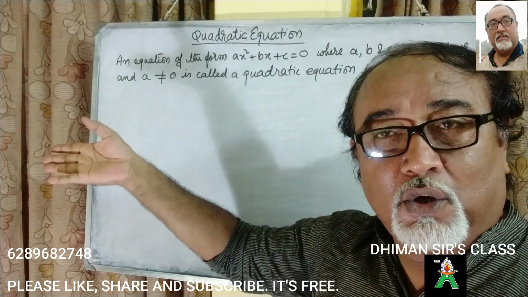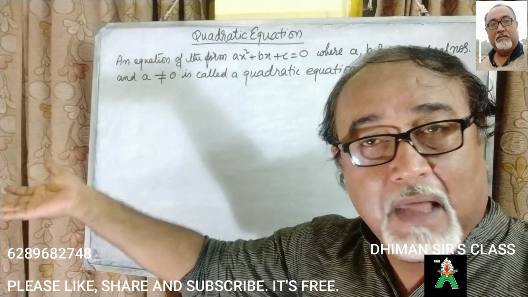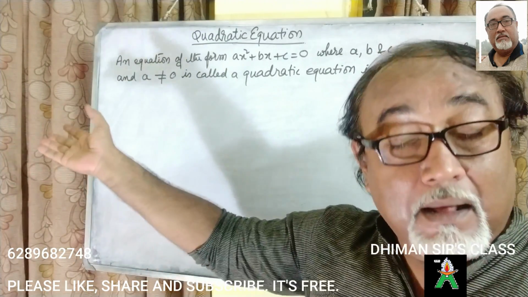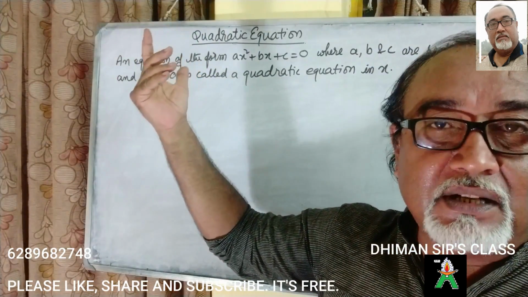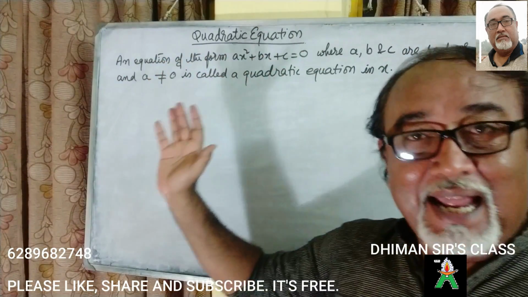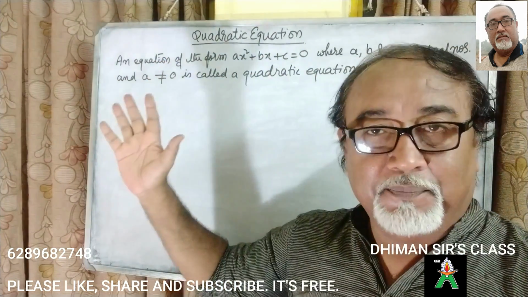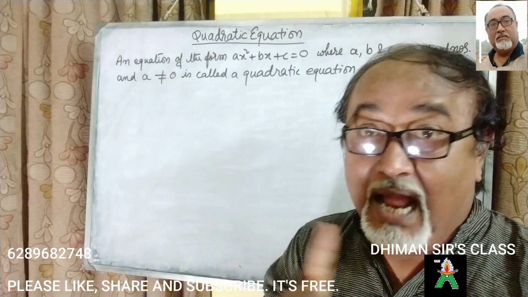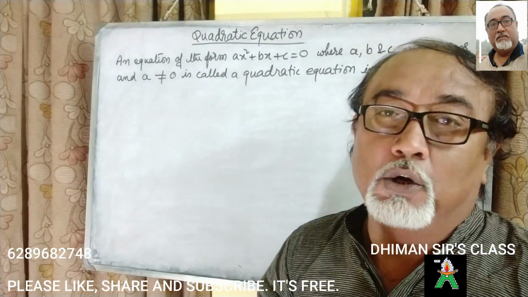It may be less than 0, meaning negative, or more than 0, meaning positive, any real number. The values of a, b and c must be real, and a must not be equal to 0.